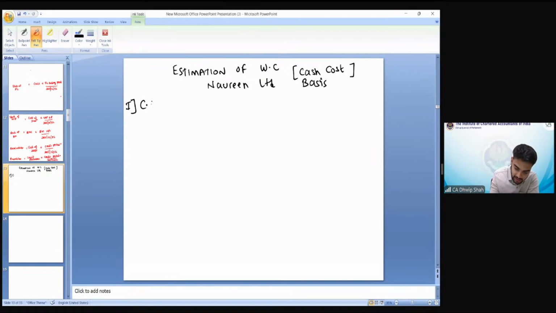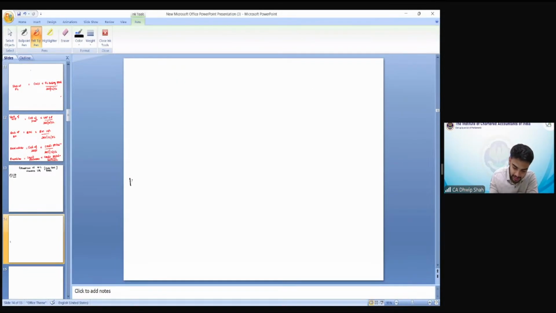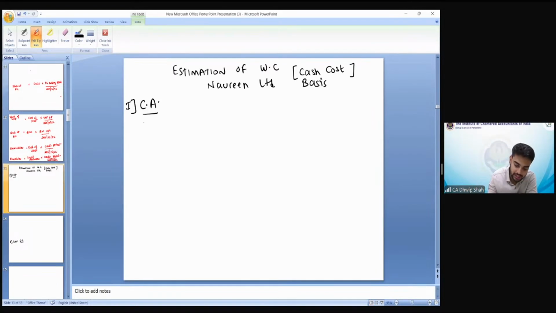Current assets. Current assets, short form also you can write. Subtract current liabilities from that. Less current liabilities. Short form is fine. No worries. Okay? Now write each and every component of current asset.